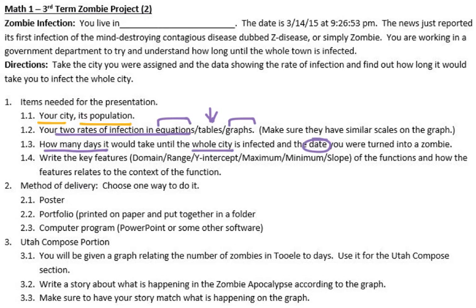Then you're going to talk about some of these key features: the domain, all the x values, the range, all the y values, the y-intercept, max, min, slope. And then talk about how they relate to the context of the function. So all that information needs to be included in your presentation.